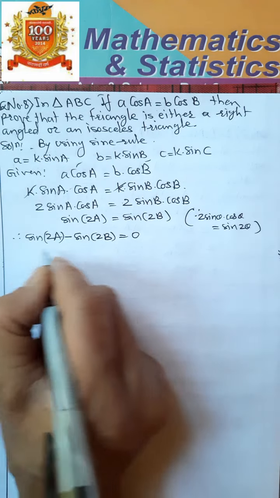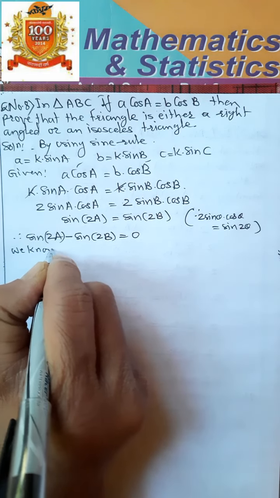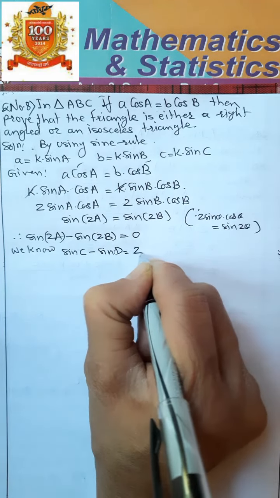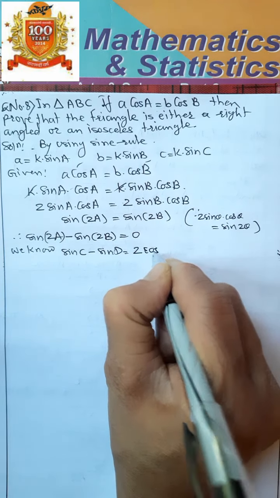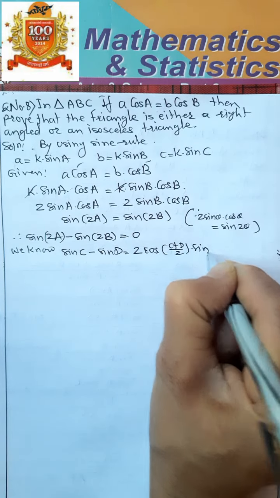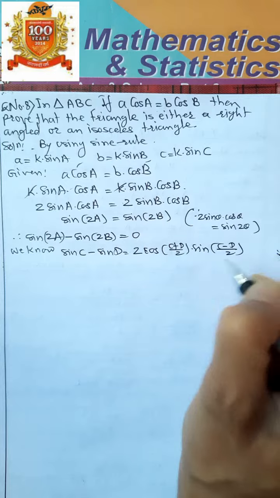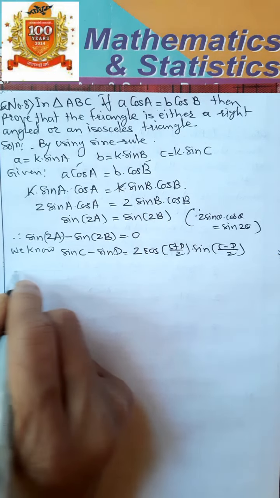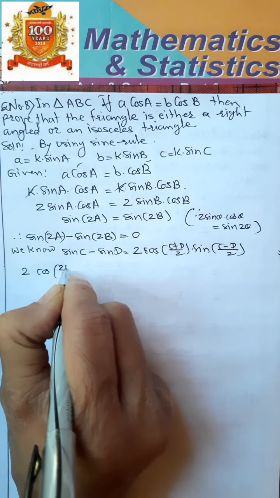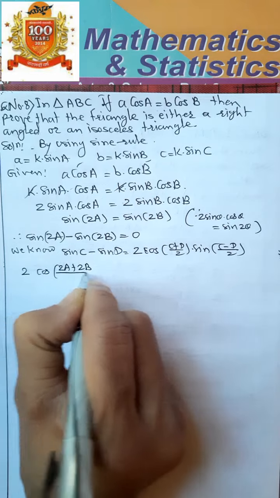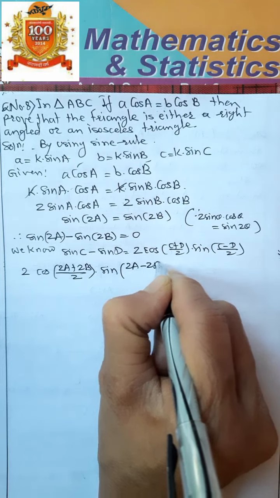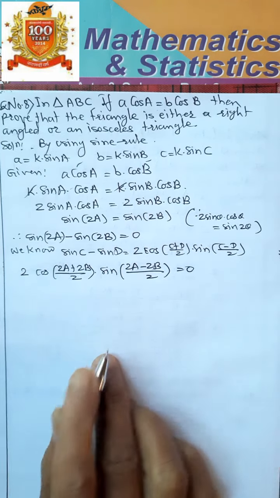Now use the formula. We know sin C minus sin D is equal to 2 cos (C plus D) upon 2 into sin (C minus D) upon 2. Use this formula here. We get 2 cos (2A plus 2B) upon 2 into sin (2A minus 2B) upon 2 is equal to 0.